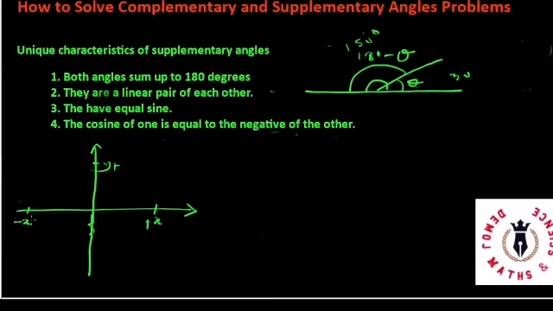X. But here, x will be what? Negative. If x is negative at this side, I want to pick this point such that here marks x and here marks my y.